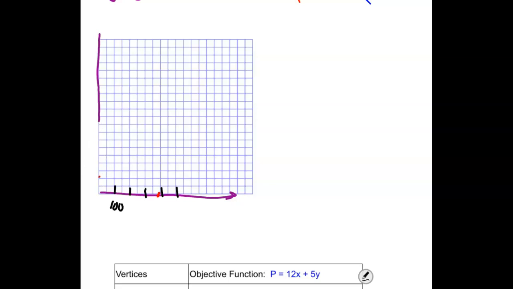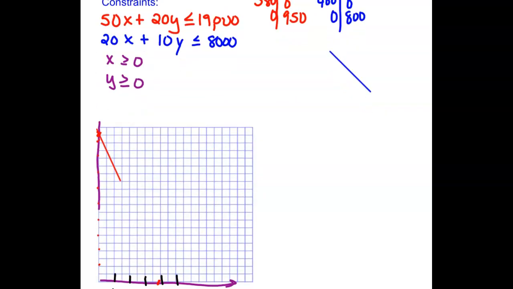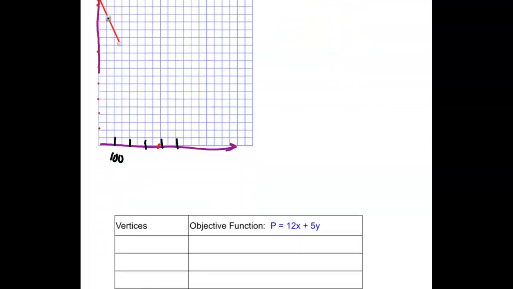So 100, 200, 300, 400, 500, 600, 700, 800, 900. 950 would be there. All right, let's go ahead and get a line in there.